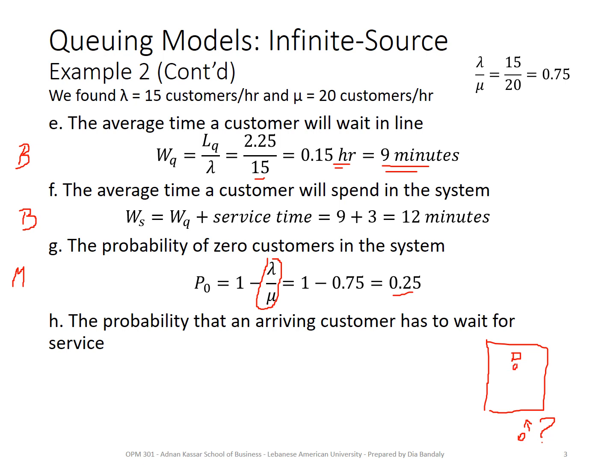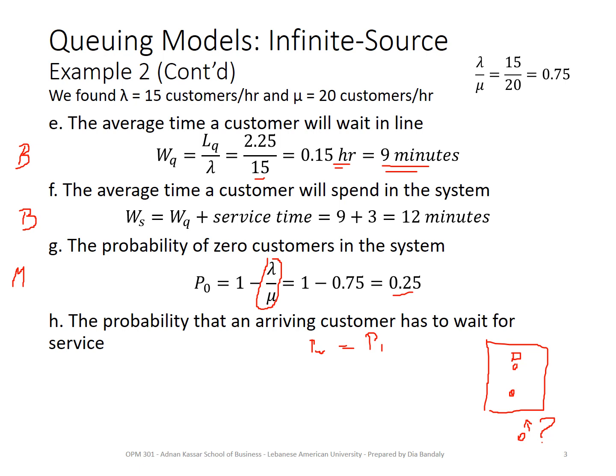So PW is equal to P1, which is when there's one customer, so I have to wait. But this is not the only case when I will wait. What if one is being served and another person who came before me is also waiting?